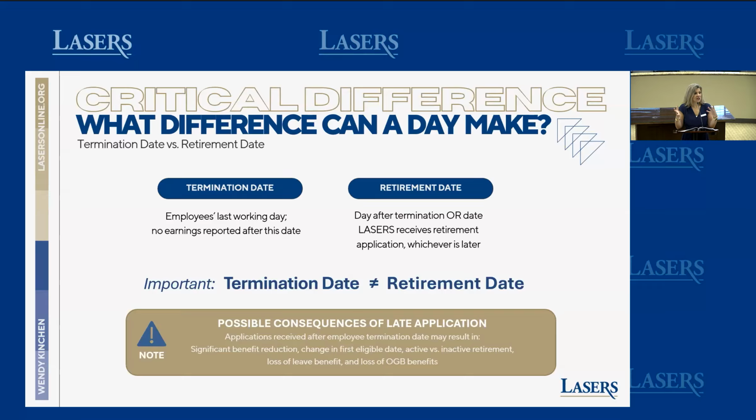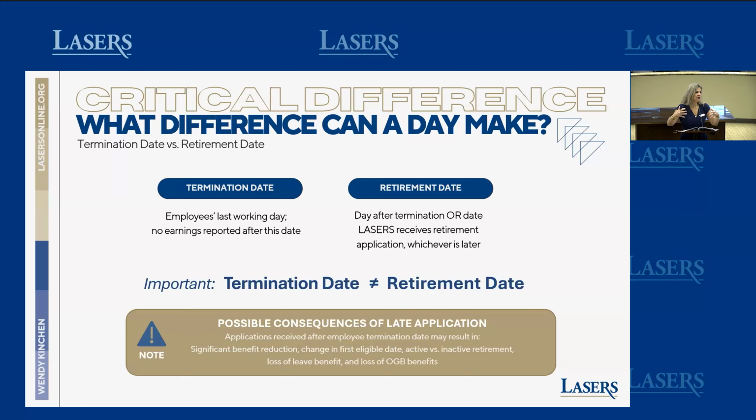So that's a great question. The question is, how far in advance of a retirement date does LASERS receive the applications, the documentation, the forms? You can submit that information up to 6 months in advance. Well, let me say this. Any kind of documentation such as Social Security cards, birth certificates, marriage licenses, judgments of divorce, those can be submitted to LASERS at any time.